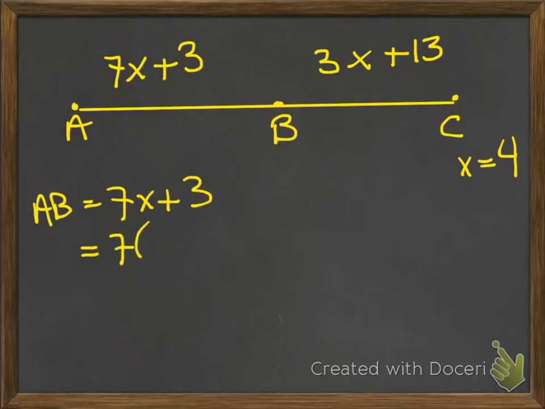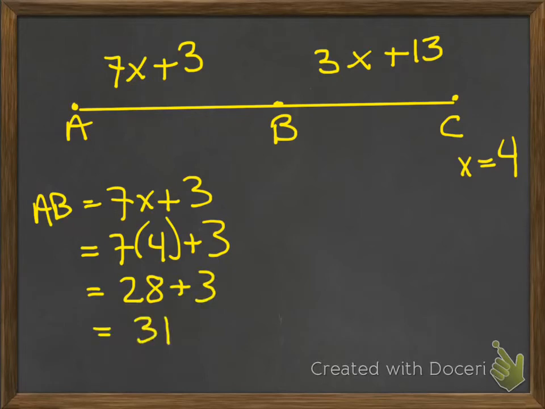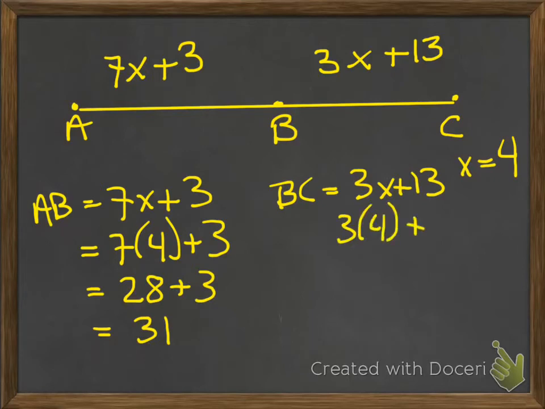So 7 times 4 plus 3 is 28 plus 3, which is 31. And BC is 3x plus 13. So 3 times 4 plus 13 is 12 plus 13, which is 25.